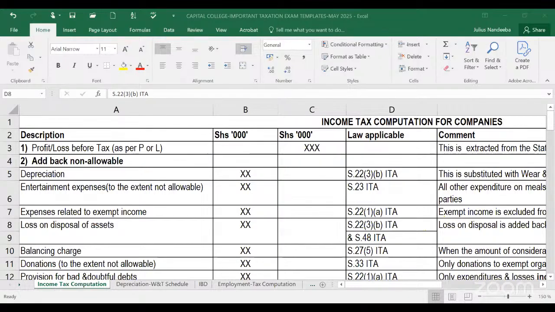Any other income, I'm not bothered with it. Non-allowable deductions, they say these should not be claimed.